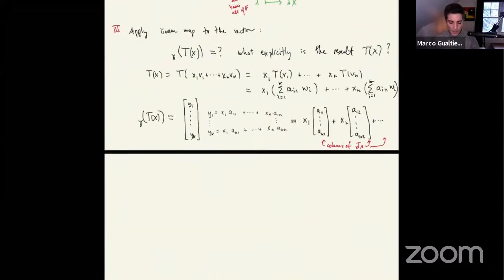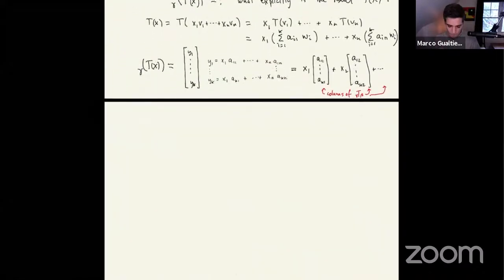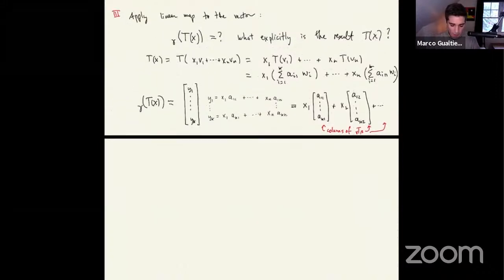Now this operation, where we combine T and X and obtain the matrix of Tx, has a name. It's called matrix multiplication of a matrix against a vector.